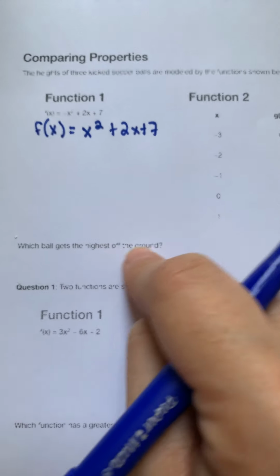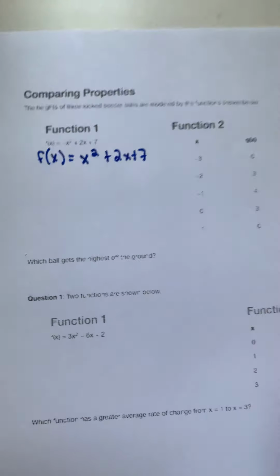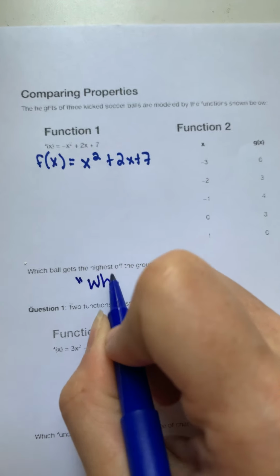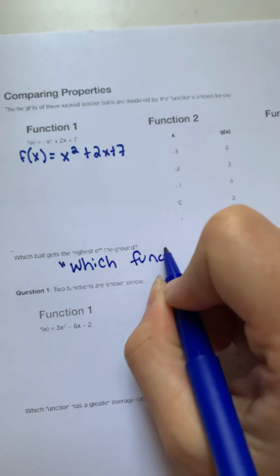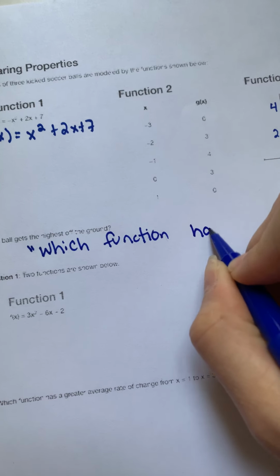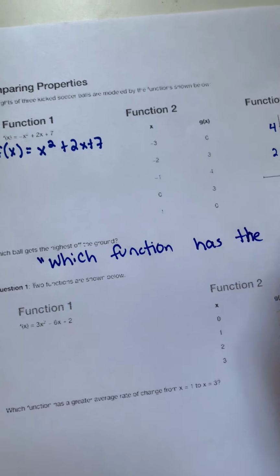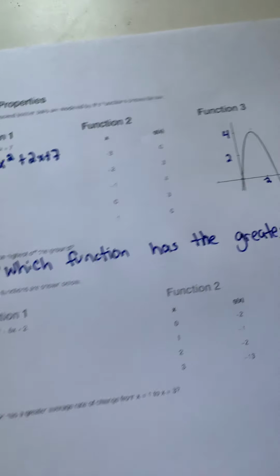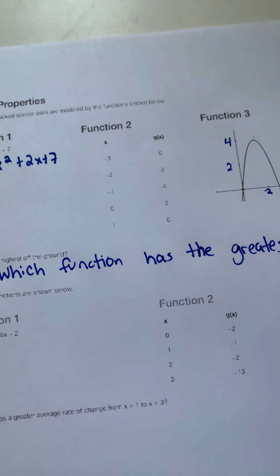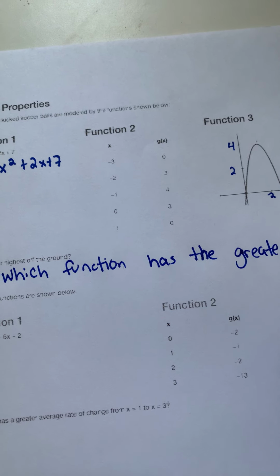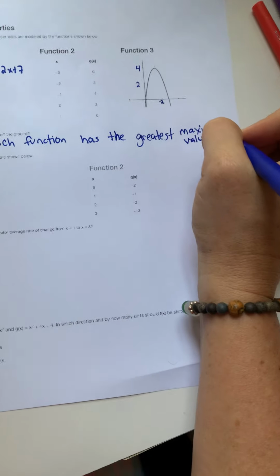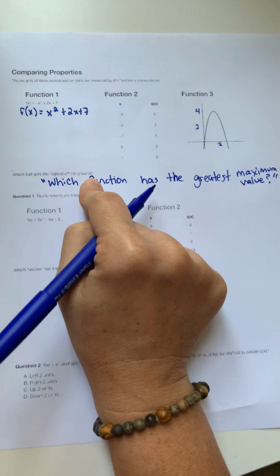All right, so we want to see which ball gets the highest off the ground, which I am going to say, which function has the greatest maximum value, because that's what it's asking. Which ball gets the highest off the ground?